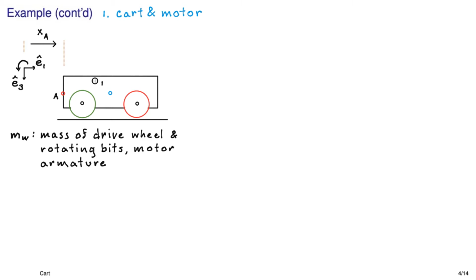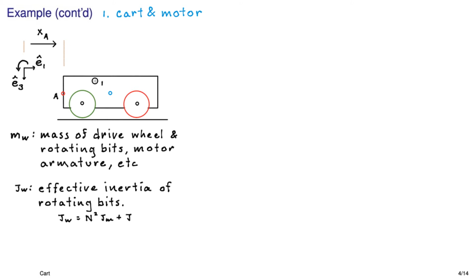And let's define some mass properties. So we have the mass of the wheel, or M_W, but it's really not just the mass of the wheel, the red thing, but it's also all the rotating bits of the motor, the armature in particular. Then we have J_W, which is the mass moment of inertia of the rotating bits. And we're going to assume that there's a gearhead on the motor.